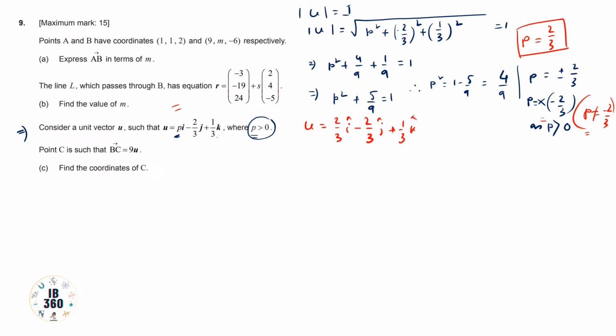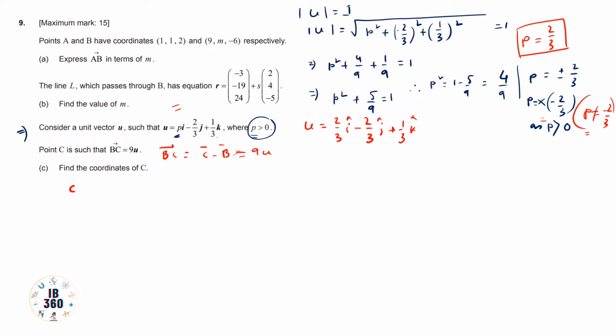Now from here, BC we can write as C minus B, which equals 9u, as it is mentioned. So now we just have to multiply by 9 and the equation is very simple.